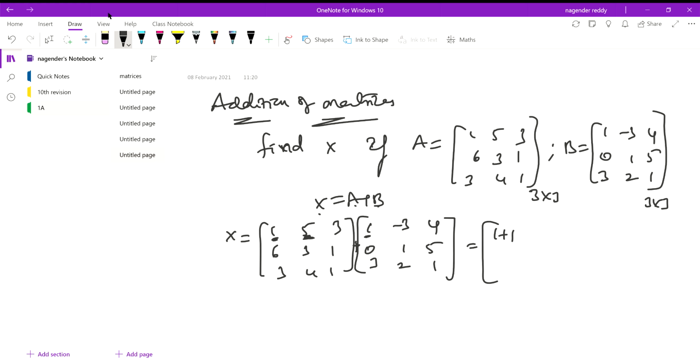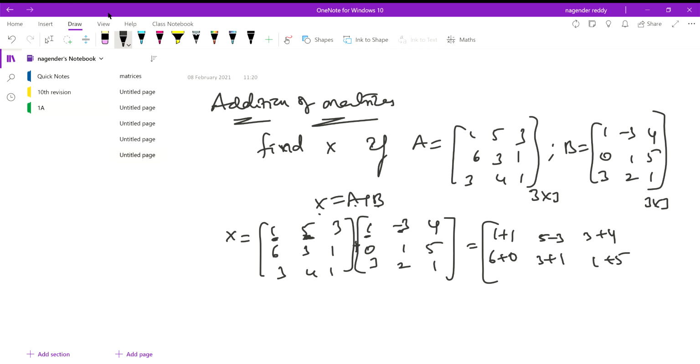First row, second column, we have 5 minus 3, plus means only minus. Then 3 plus 4, I'm going a little bit fast, then 6 plus 0, and 3 plus 1, and 1 plus 5.